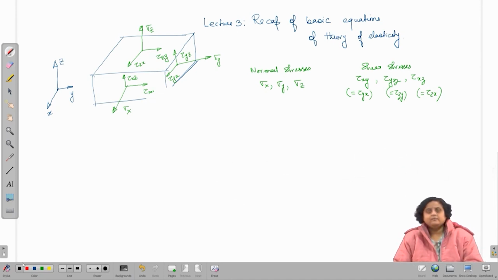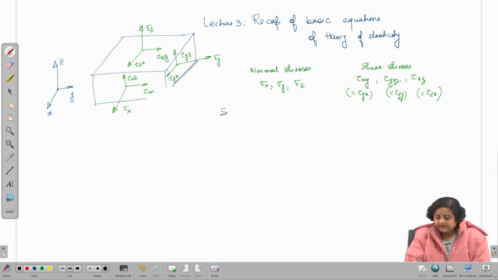So, what we will do is write down the simpler equations relating the strains with the displacements, which could be further worked on to get the conditions for compatibility.